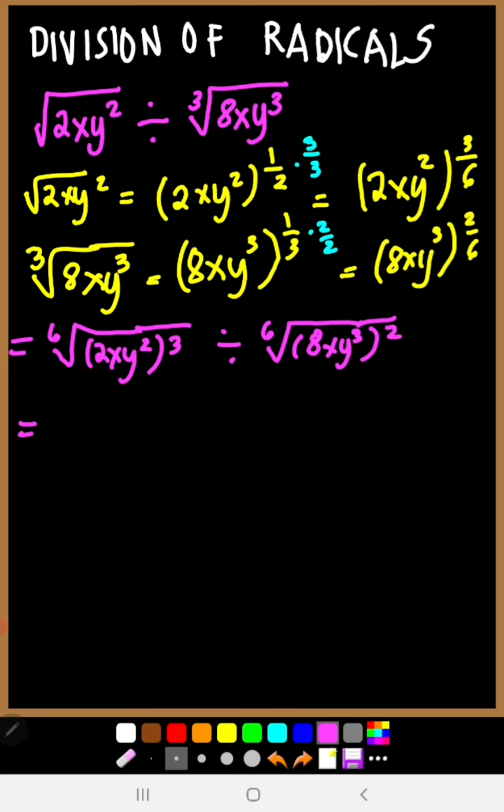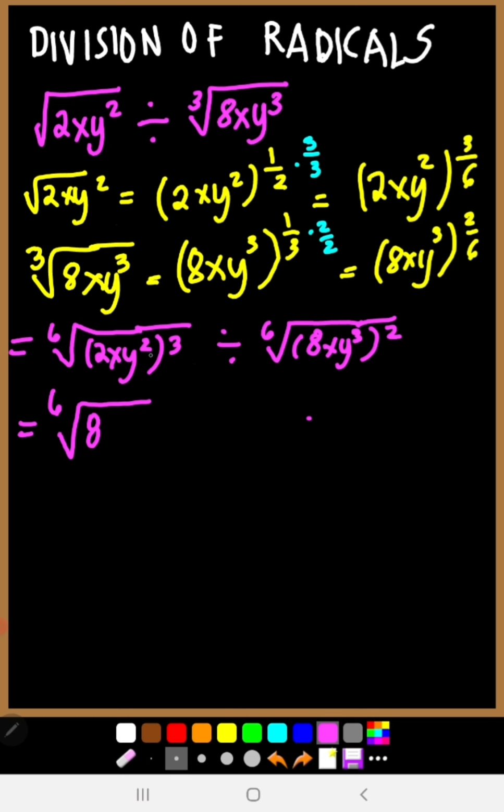Pagsamahin natin, i-distribute na natin yung exponent doon sa may parenthesis sa base. So, dito, magiging 6th root. So, 2 cubed is 8.